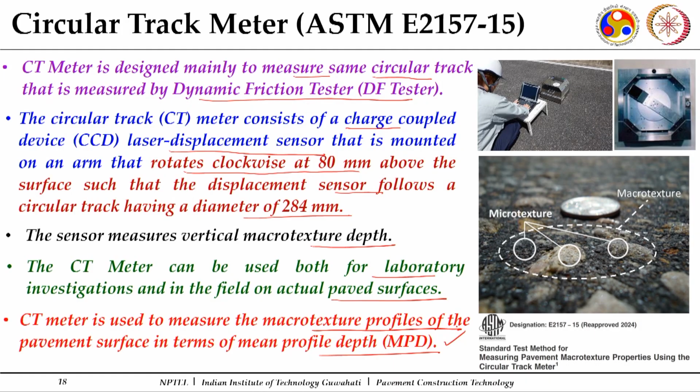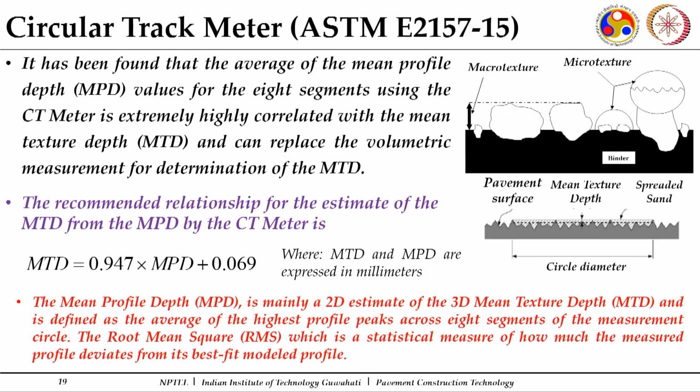So, overall you will have the lowest and the highest peaks. It will give you the mean profile depth, and this mean profile depth is well correlated with your mean texture depth. I can say that the mean profile depth is a 2D measurement compared to the 3D measurement which you have in the volumetric sand patch method.